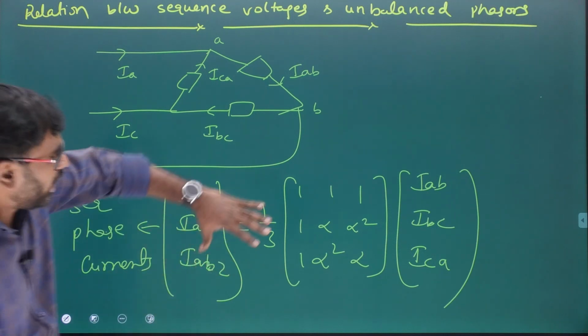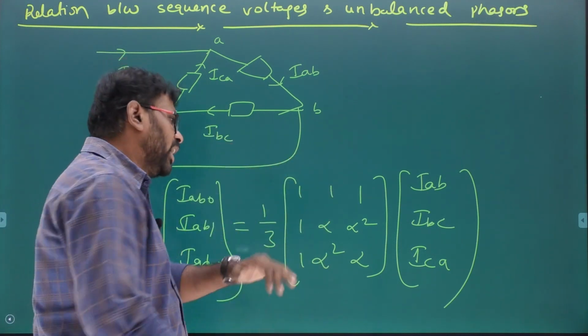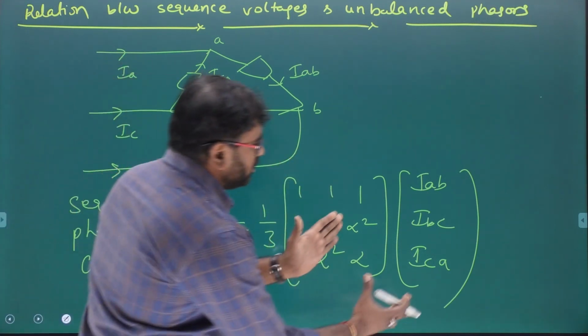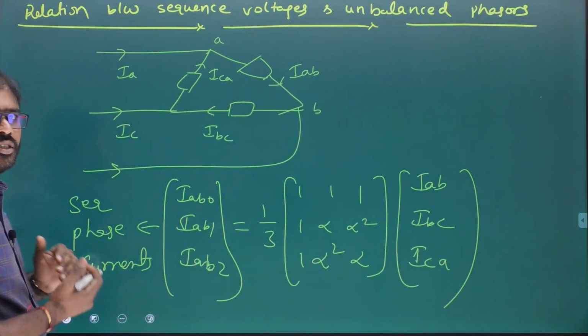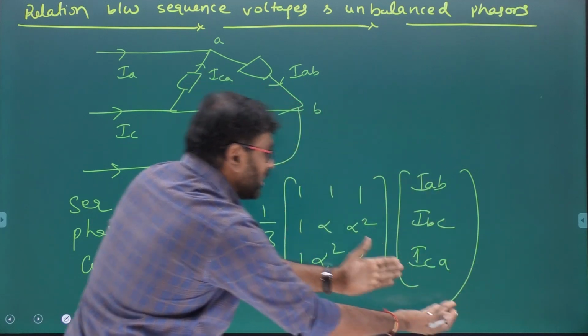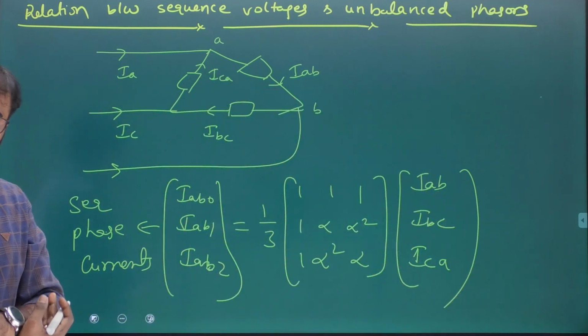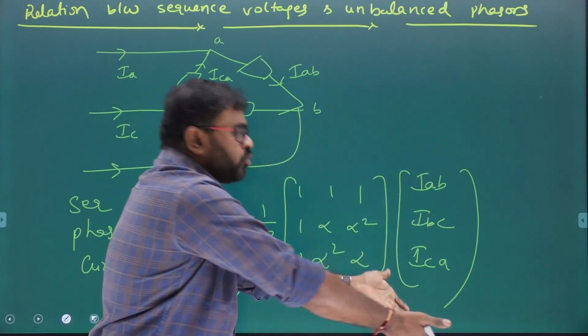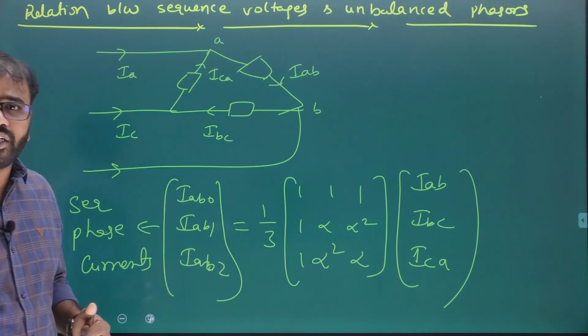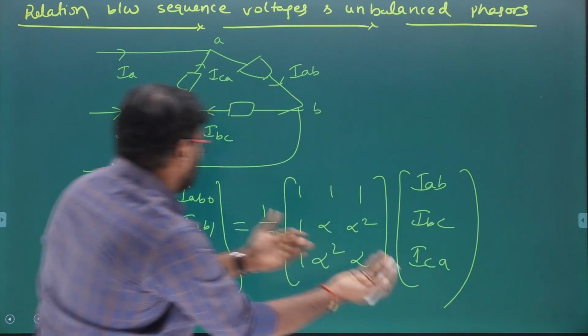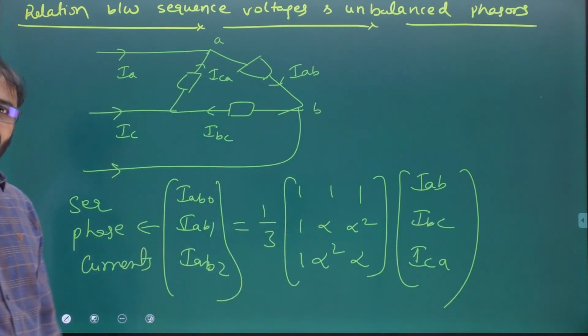That means T inverse can be used for converting unbalanced phase currents to sequence phase currents, and unbalanced line currents to sequence line currents. Similarly, unbalanced phase voltages to sequence phase voltages, and unbalanced line voltages to sequence line voltages.